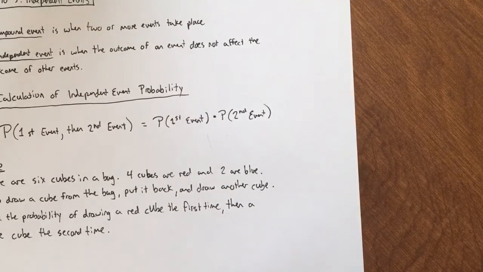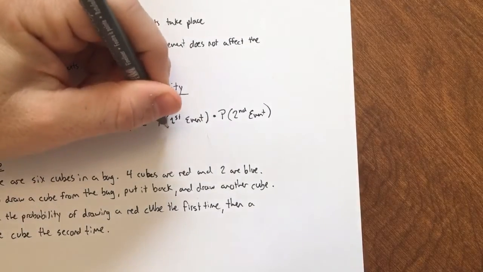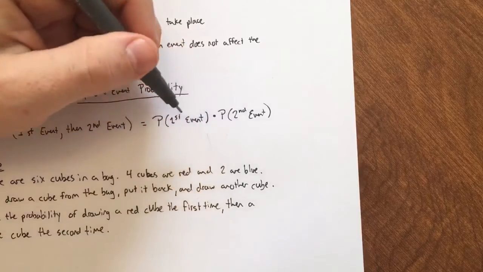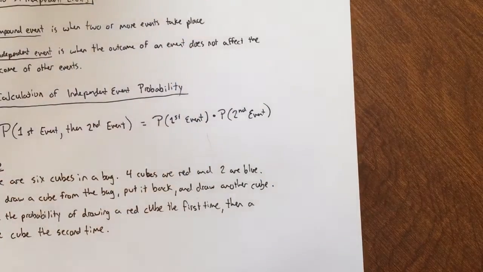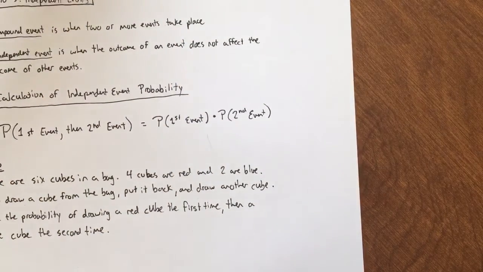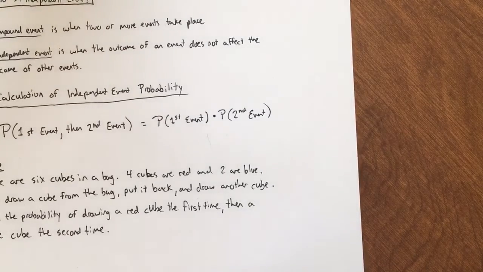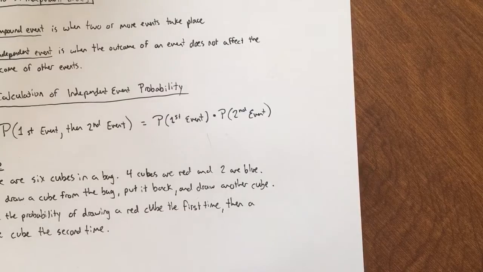So all we're going to do is take each probability event that happens and then multiply them together to find the total possible probability of the outcome of those compound events happening with each other.